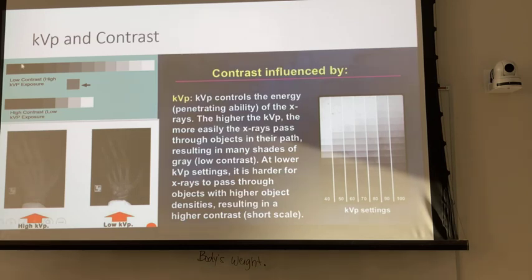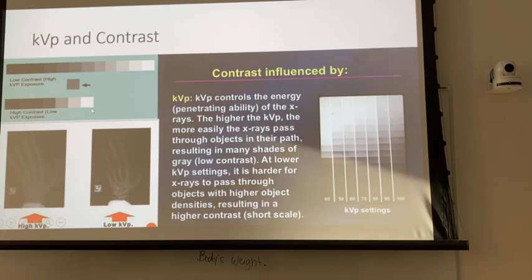When we have low contrast, we can see a lot of different shades of gray. These two kind of blend together, but what we can see is 1, 2, 3, 4, 5, 6, 7, 8, 9, 10, 11. There's almost no difference between these two, but you can't see them. There's 12 different shades of gray. As opposed to over here, we've got 1, 2, 3, 4, 5, 6, 7.